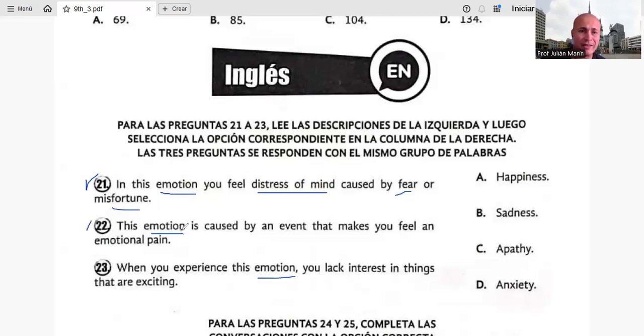22. This emotion is caused by an event that makes you feel an emotional pain. So first we have an event, something that happens, and as a result, you get the feeling of emotional pain. Okay, so sadness and anxiety are negative emotions.